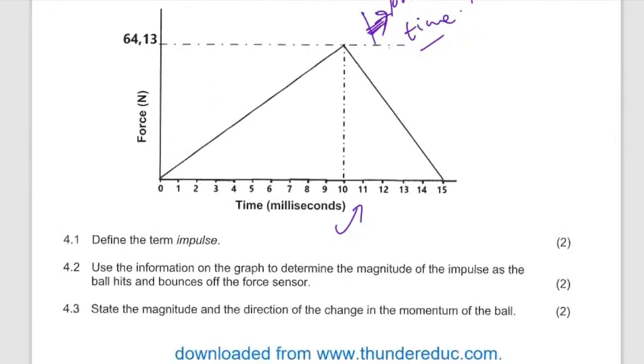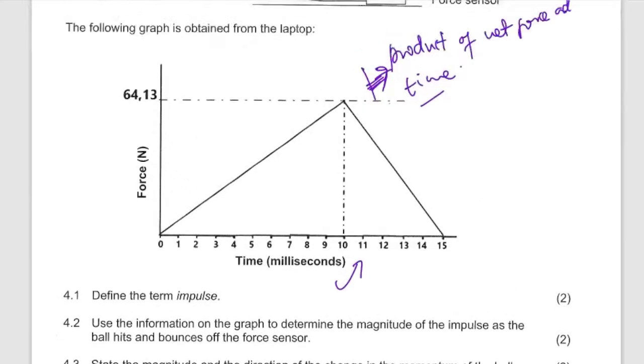Then they want us to use the information in the graph to determine the magnitude of the impulse as the ball hits and bounces off the sensor. Now remember we said impulse is the product of force and the time. So we are indirectly being asked to determine the area of this triangle.